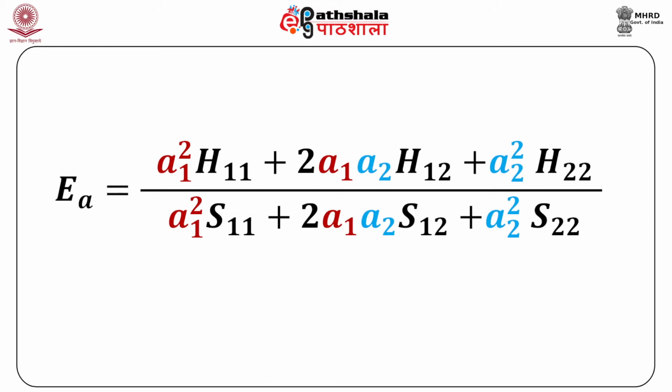Then in the denominator we have A1 square S11 plus 2 A1 A2 S12 plus A2 square S22.